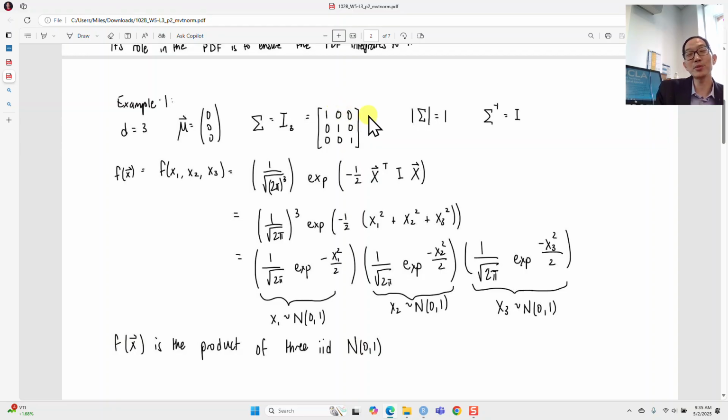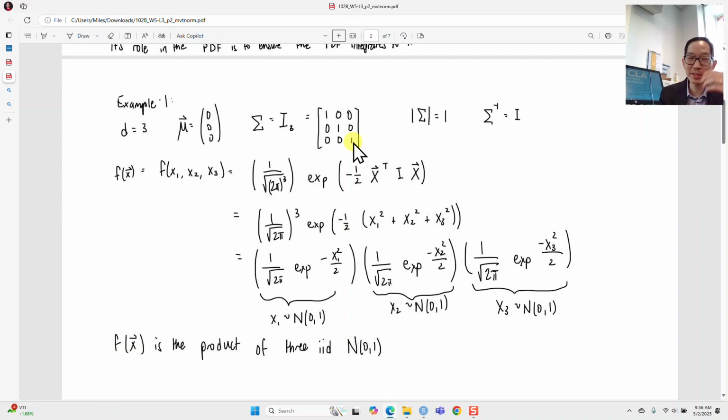So that means we can just factor the whole thing out into 3 separate univariate densities. So here I've got my mean vector, everything is centered at 0. My variance matrix is the identity matrix in 3 dimensions.